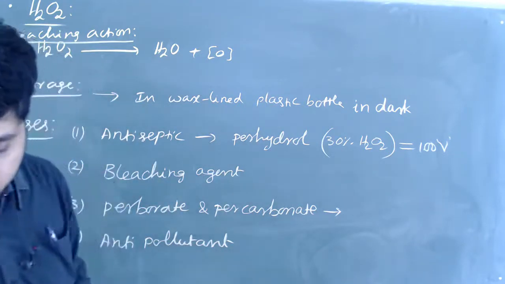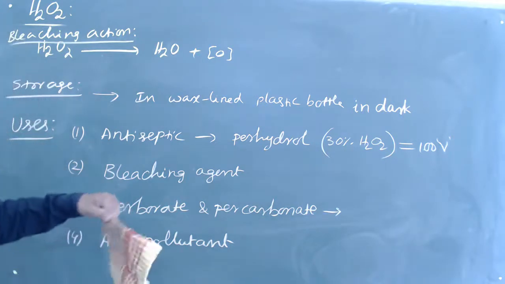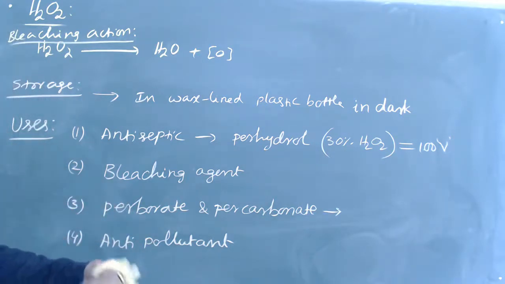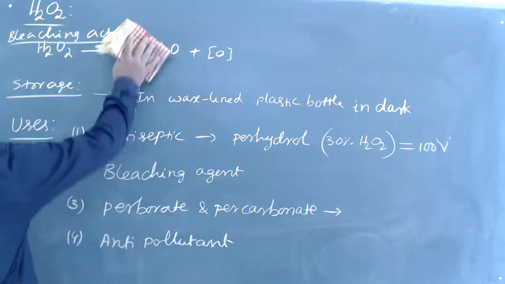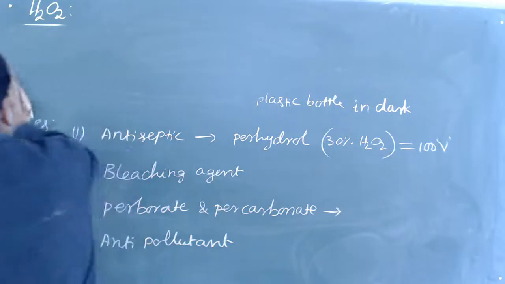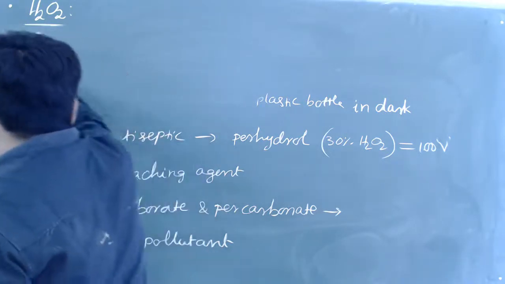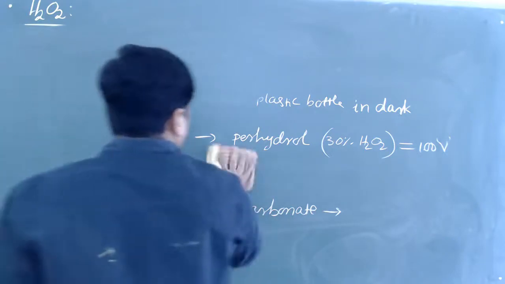And the important topic in hydrogen peroxide is its structure and strength. How is the H2O2 structure? Broadly, we can say it has a non-planar structure. All of the atoms are not in a plane.